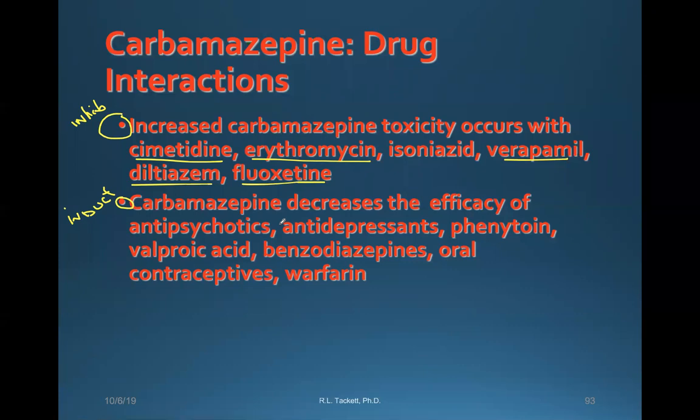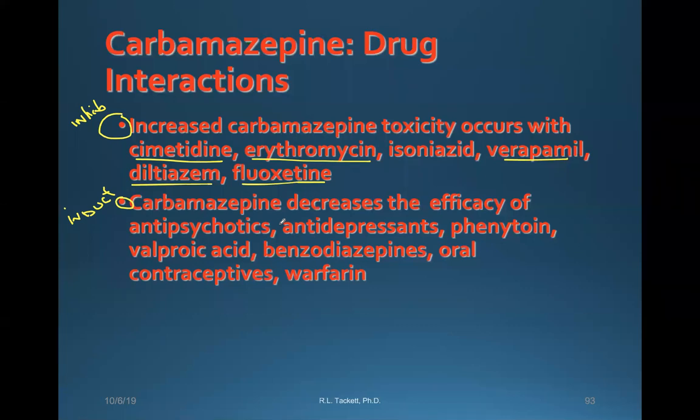Carbamazepine, by its own actions, will cause enzyme induction. Literally what it does is it stimulates the production of more enzyme. So as a result, metabolism is going to be enhanced. That's why carbamazepine may lose its effectiveness, simply because it is being metabolized faster, so it's getting out of the system.